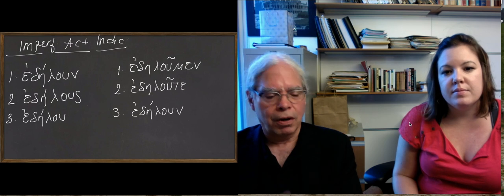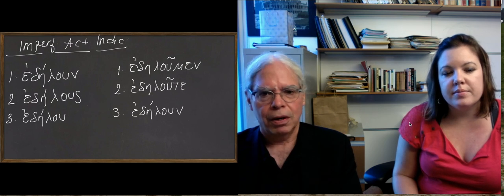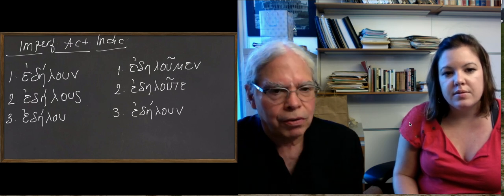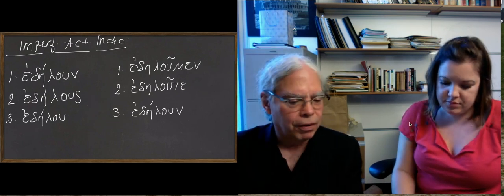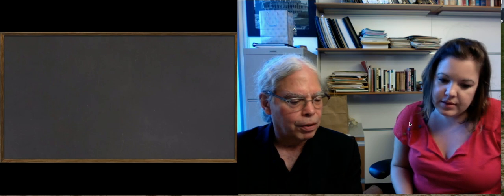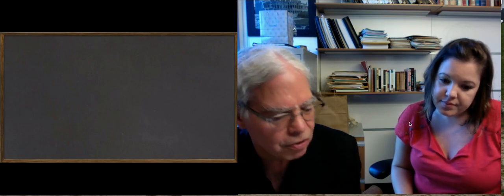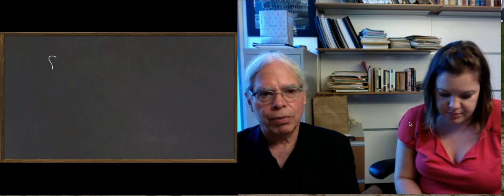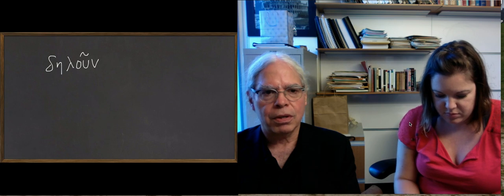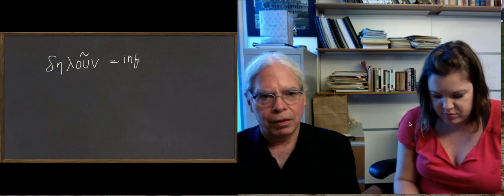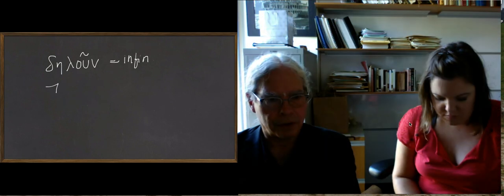I don't think this is a hard form to recognize, but others are going to be difficult. All right, so let's talk about some other forms here. We talked about the optative. I think that's relatively straightforward. The infinitive in the active is deloun. No epsilon iota. You're going to have O-U-N, just consistent with timan, which did not have an iota subscript.